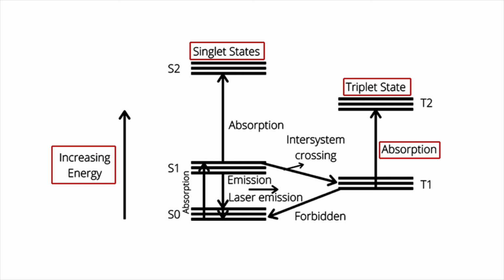Another possibility is, if you do not want CW laser action, you can employ a high power nitrogen laser or excimer laser or a third harmonic or second harmonic of Nd:YAG laser. All these lasers can pump the dye molecule from S0 to S1 and produce laser action.